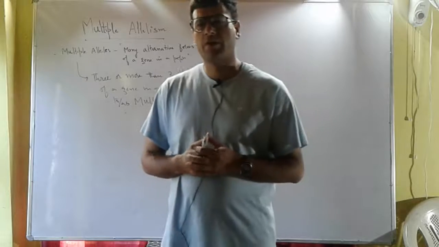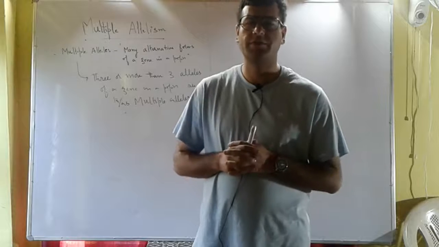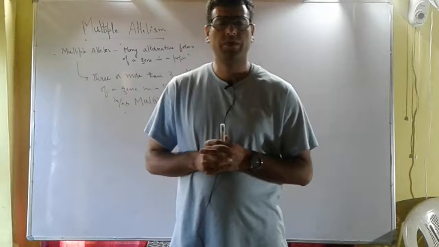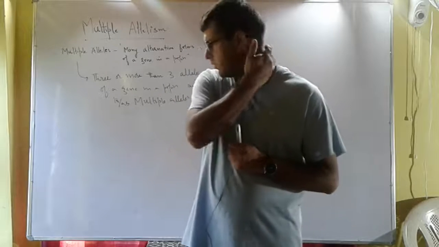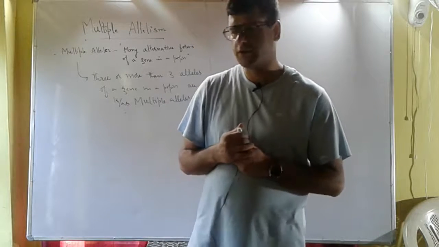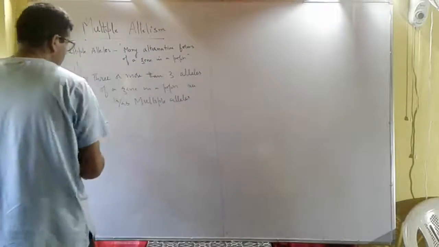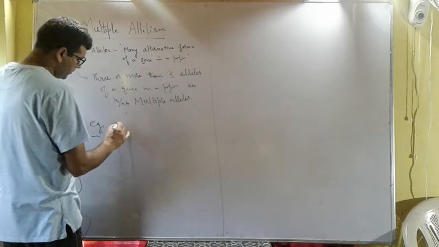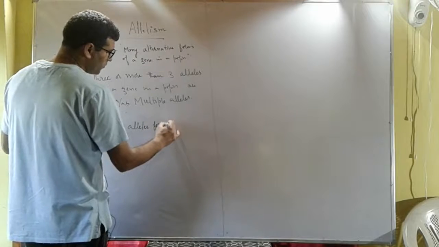Generally, in a population there are two alleles of a gene, but sometimes in certain cases we have three or more than three alleles of a gene in a population, which constitutes multiple alleles. For example, in humans there are three alleles for blood group.